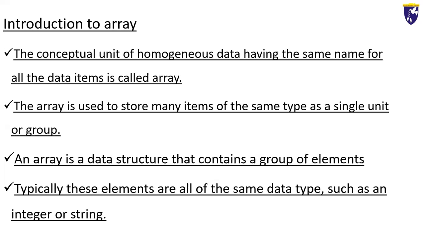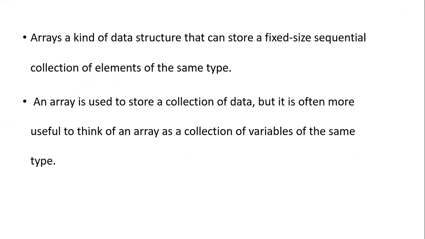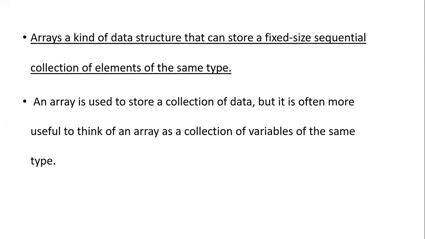If we are going to store strings in an array, then all of them must be strings. An array is a kind of data structure that can store a fixed-size sequential collection of elements of the same data type. By using this definition, we can see that the size of the array is fixed.